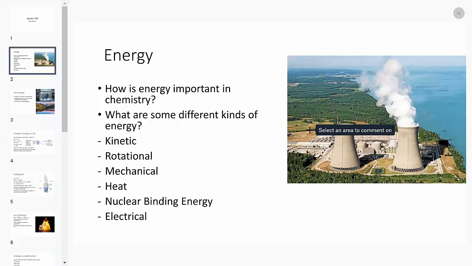This all goes to show how different kinds of energy can be converted into each other. In a nuclear power plant, we have nuclear energy getting turned into heat energy, which boils off steam, which goes into a turbine, which creates rotational or mechanical energy, which then gets converted into electrical energy.